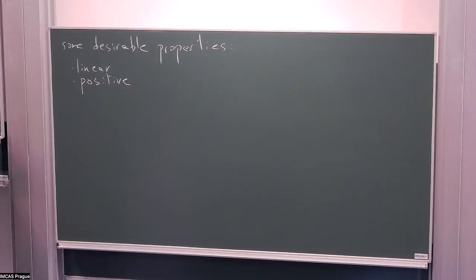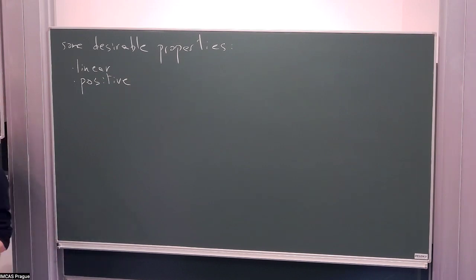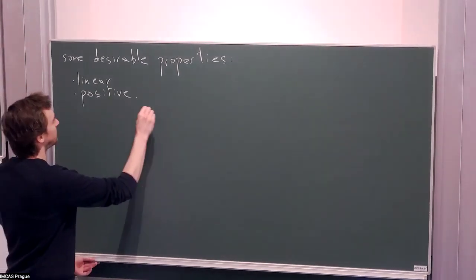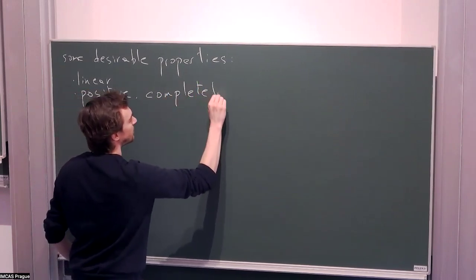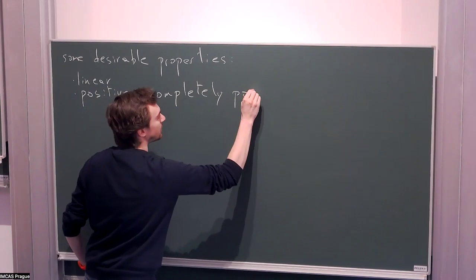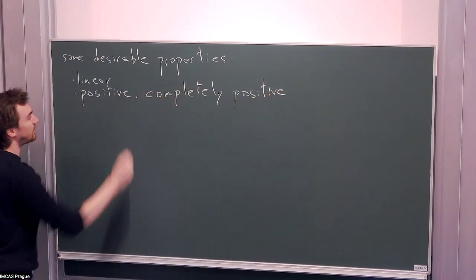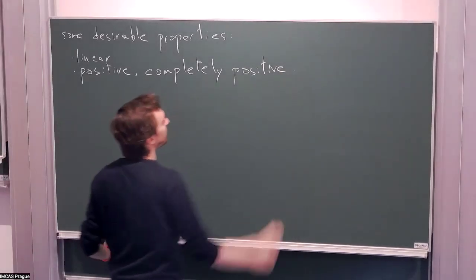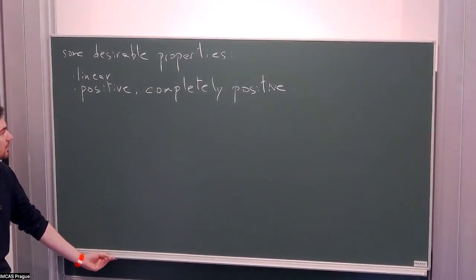So if you have a positive element in the starting C-star algebra, then you still want this to be positive in the target. And another specific notion, which is slightly stronger than being positive, is what is known as completely positive. And this will also appear in Tatiana's talk later on, so that's why I wanted to highlight it.